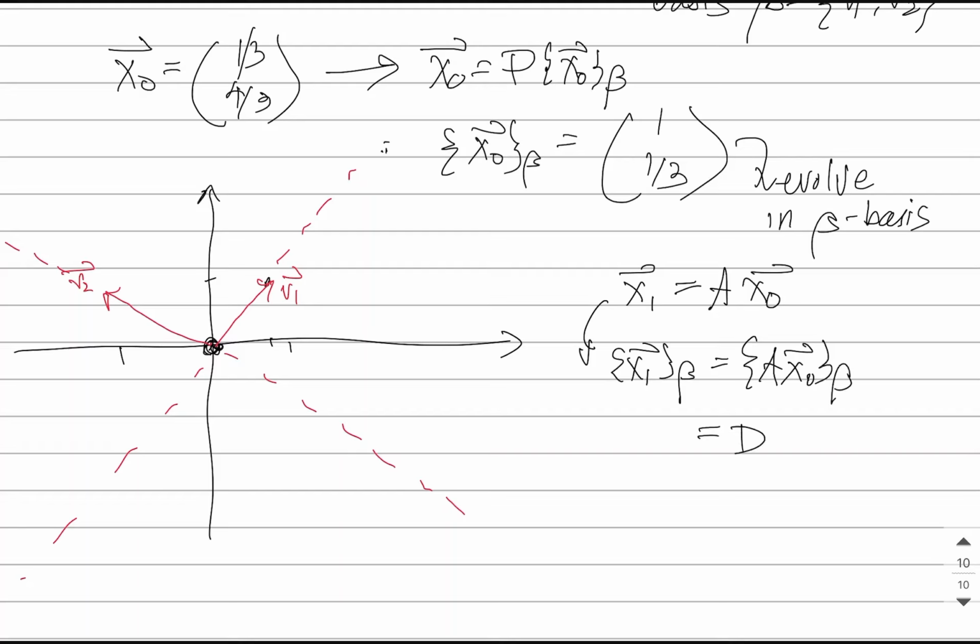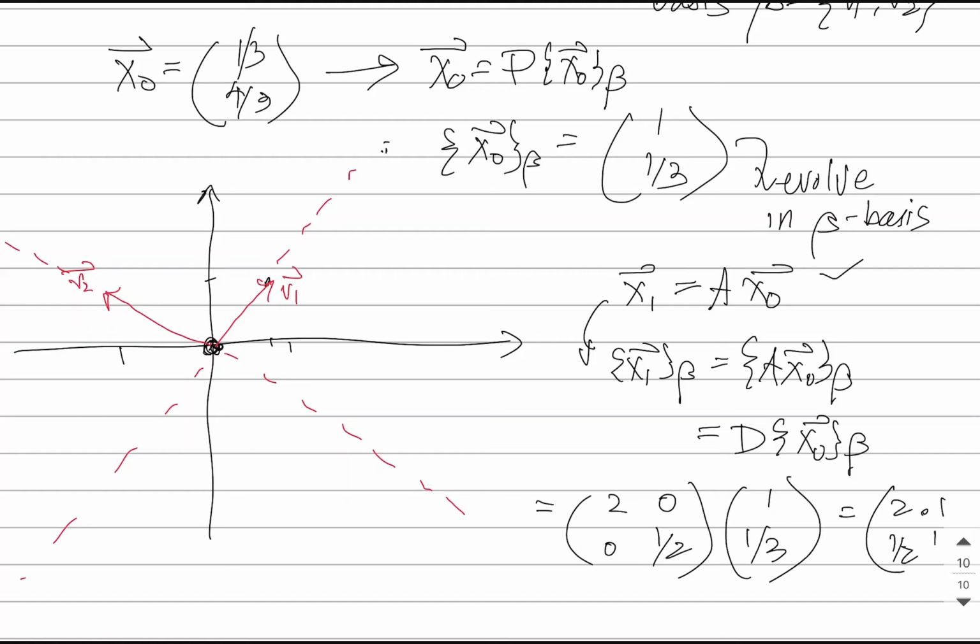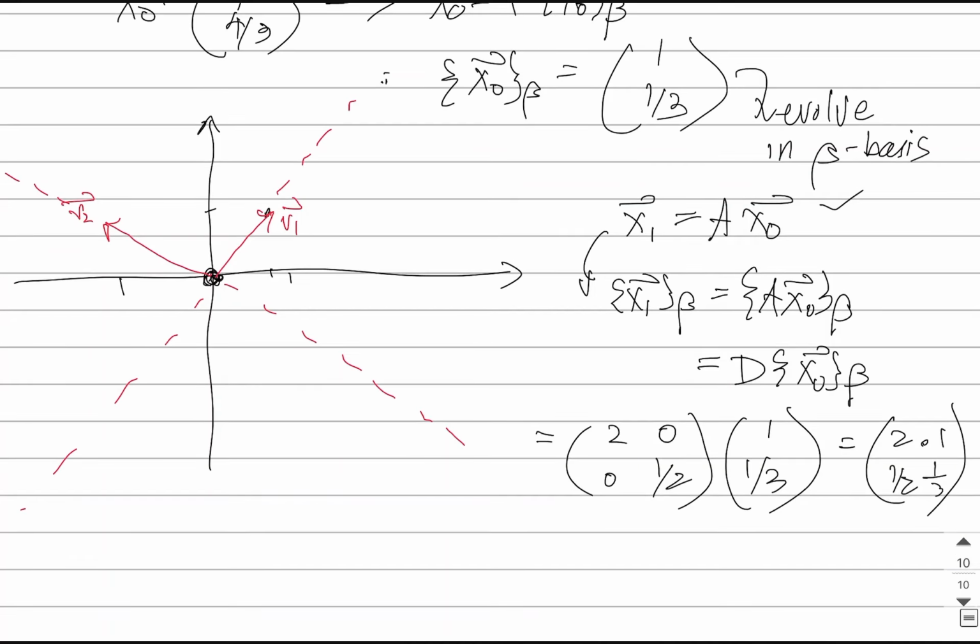Doing it in eigenvector basis is the same as saying just take your diagonal matrix and apply it to the coordinates of that point. That is the point of all of this stuff. So there would be the first iteration, x1 in B coordinates, which would end up giving me 2 and a 6th.